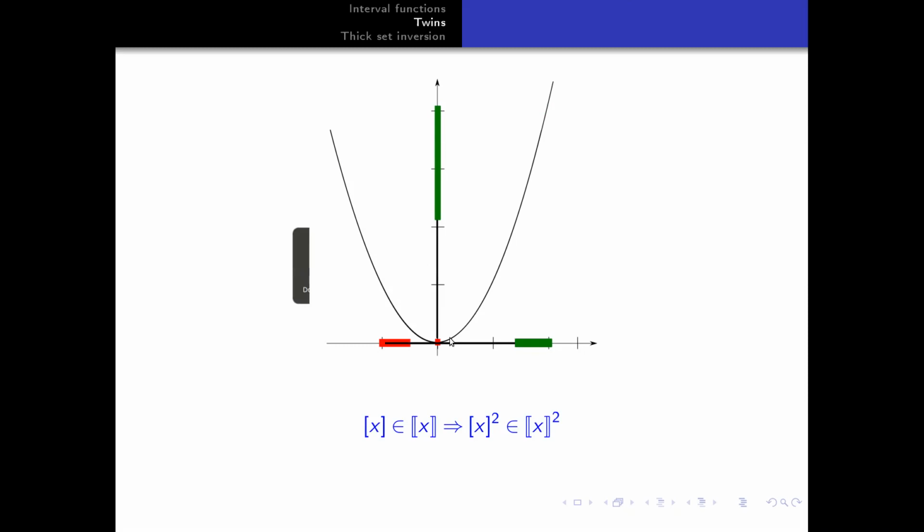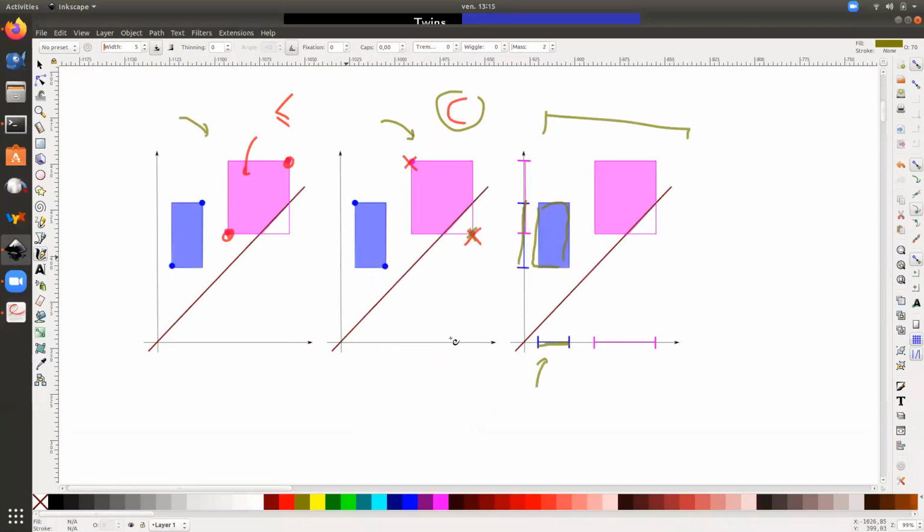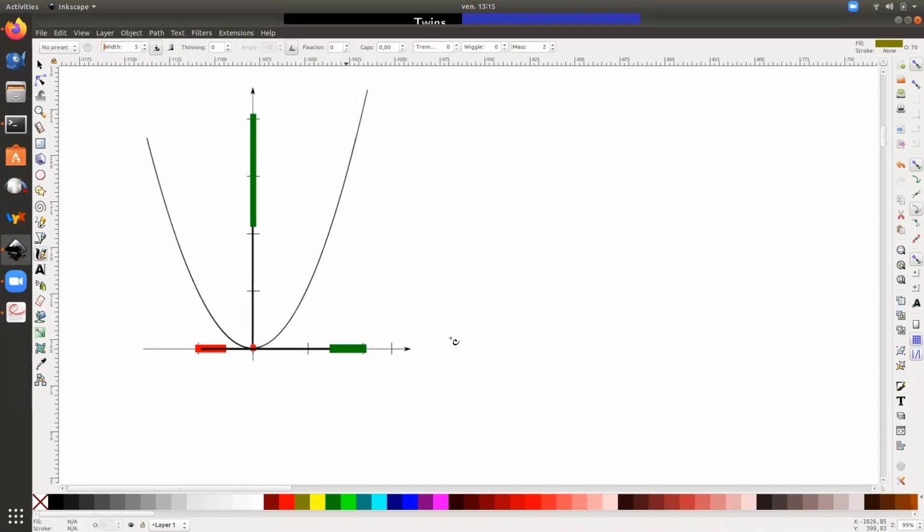Now, if I have here twins, represented by the lower bound and the upper bound, which correspond to this interval, it means that, for instance, this interval, I will call it x, belongs to the twin x minus, x plus, where x minus corresponds to this one, and x plus corresponds to this interval.